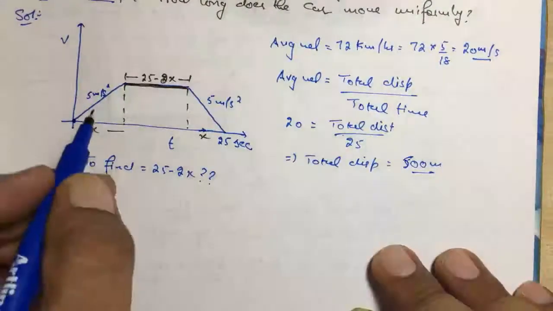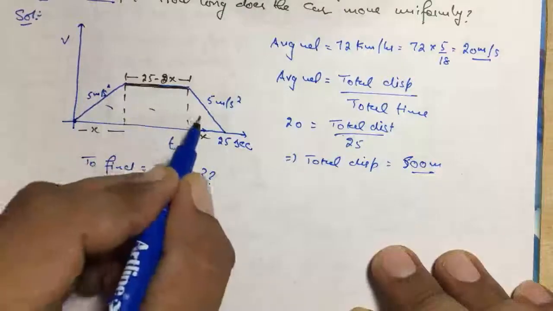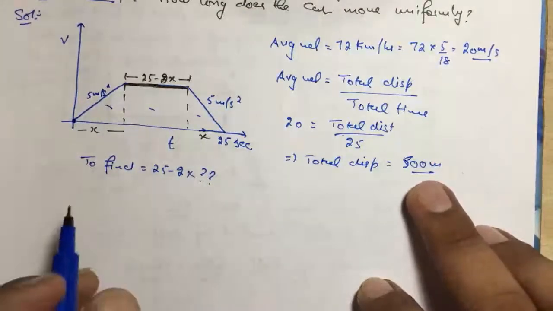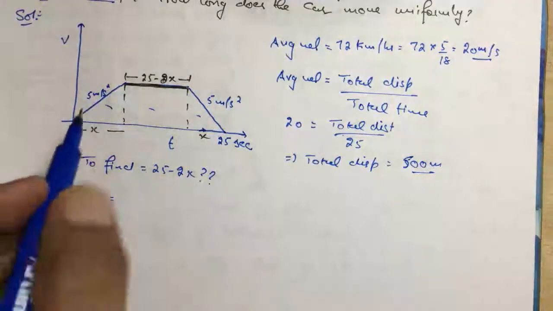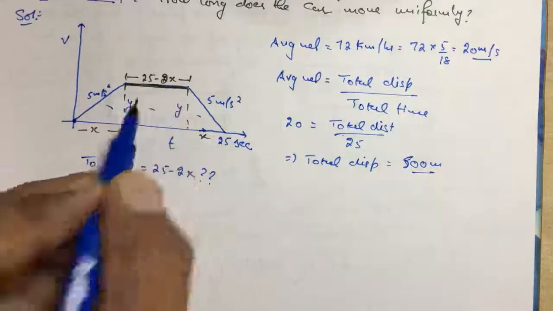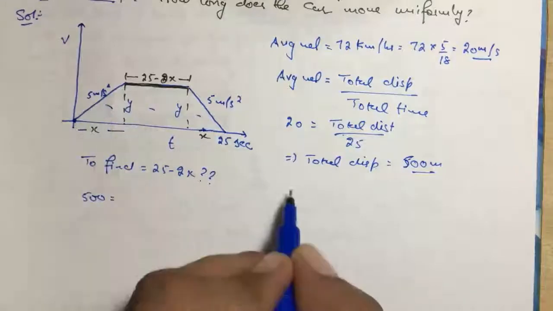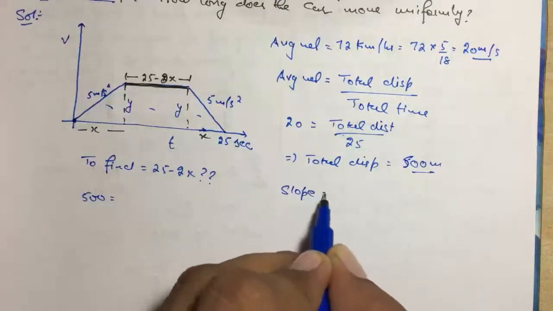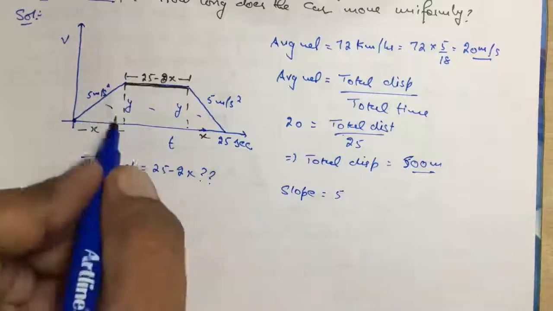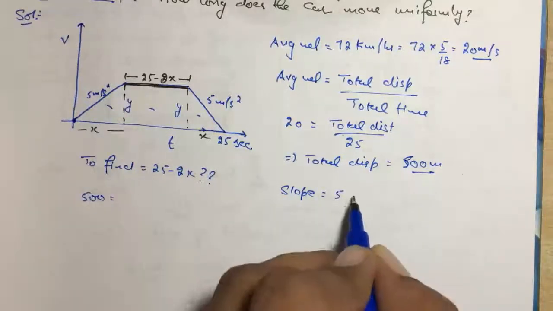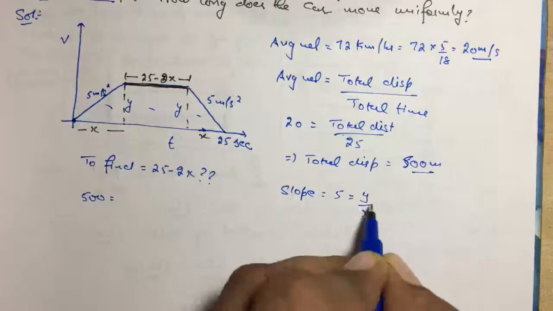So let's start finding this area plus this area plus this area, that will be equal to 500. Now let's say this is y, and we know slope is equal to 5, because this acceleration is 5. Slope is opposite by adjacent side, that is y by x.